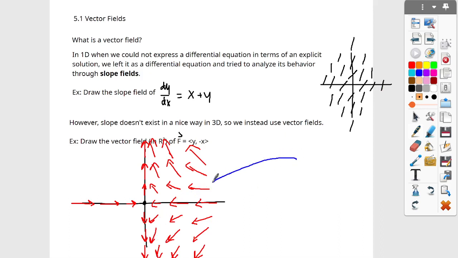But if you send a particle and it's not fast enough, then the forces will bring it up closer and closer to this axis right here. So similarly, it'll look like this, and then like this, right?